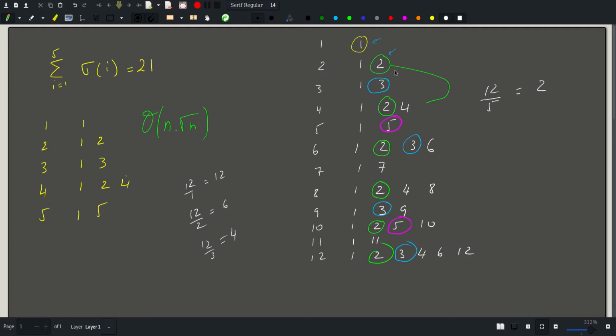So we can see right from here that the number of occurrences of a value up to n is just n divided by that number. This gives us an algorithm that works in O of n: we look at all values from i equals 1 up to i less than or equal to n, and we add to our answer n divided by i, times i.